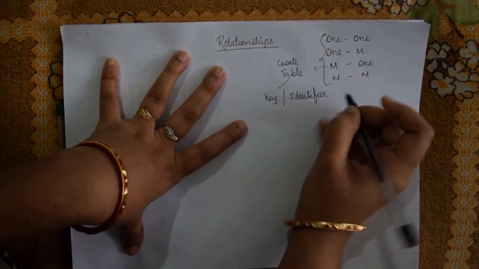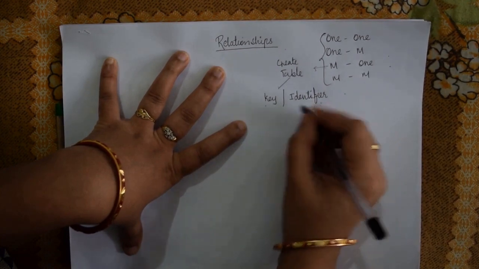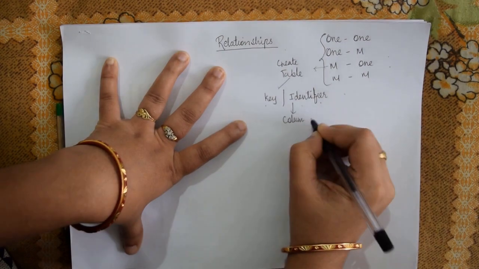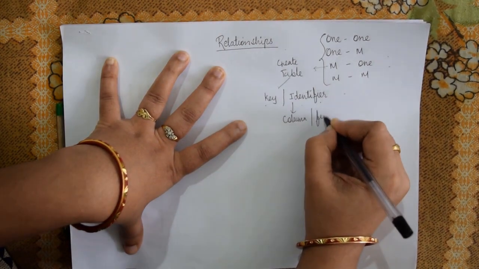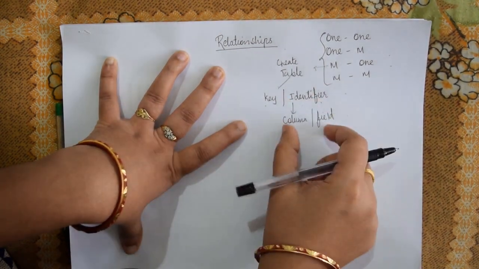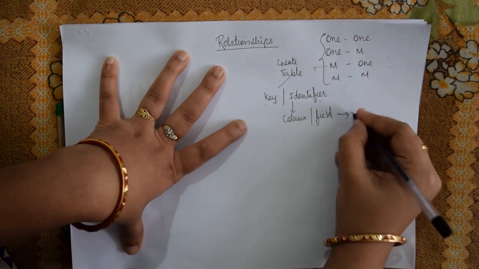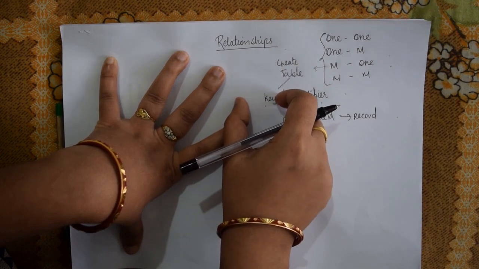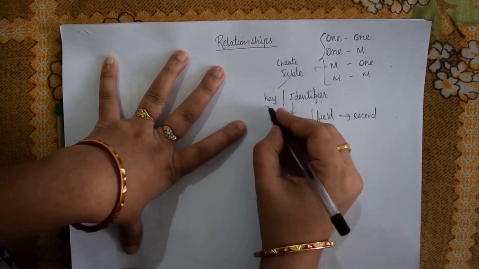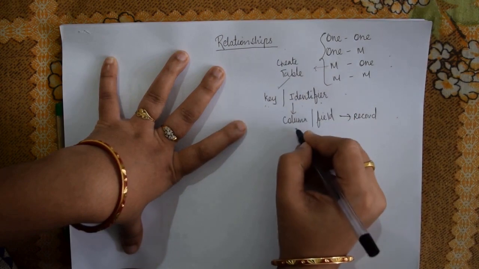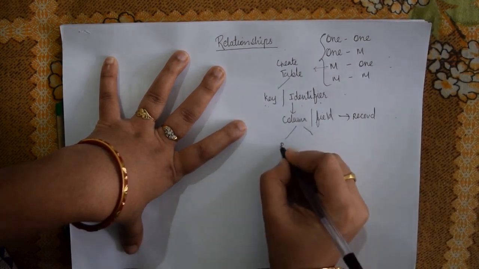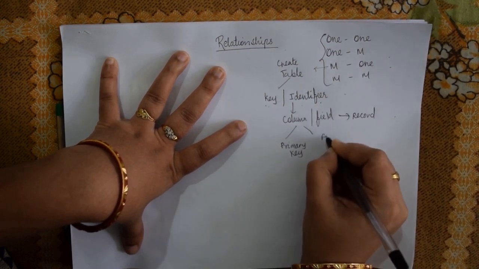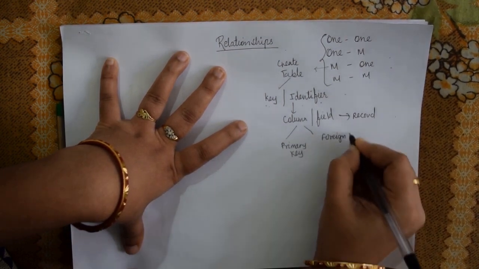A key or identifier is nothing but a column, or you can say a field. It is simply a field used to identify a record. This is my key. There are different types of keys, but in today's video I am just focusing on primary key and foreign key.